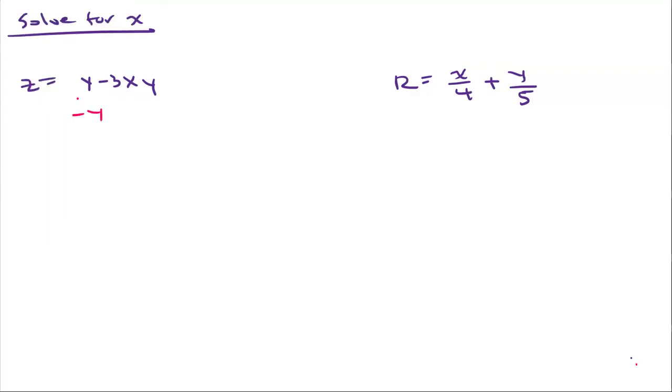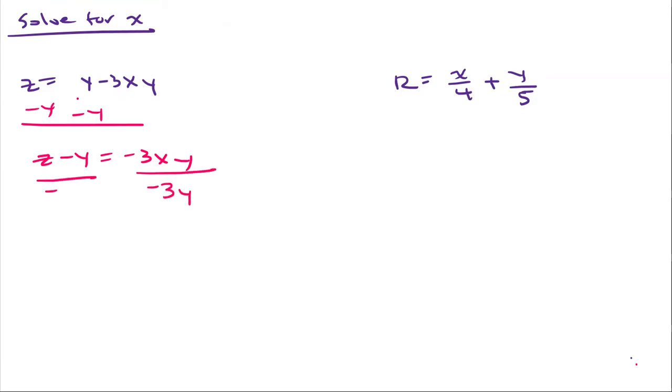So minus y, that gives us z minus y equals negative 3xy. And then again, we want to get x by itself, so we have to divide everything by negative 3y. Then the negative 3's cancel and the y's cancel, so we have z minus y over negative 3y.